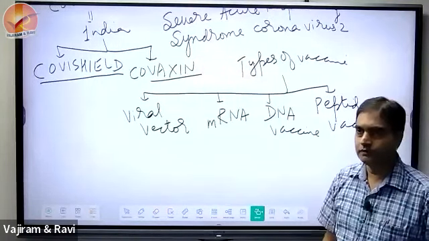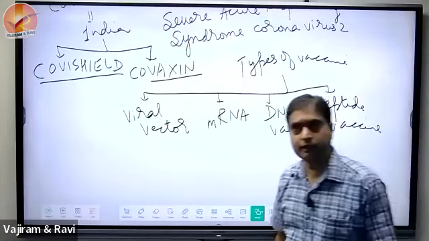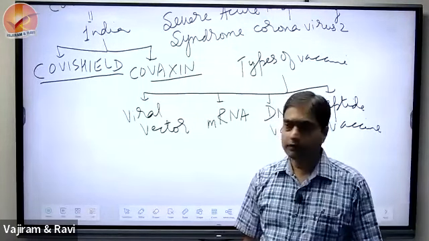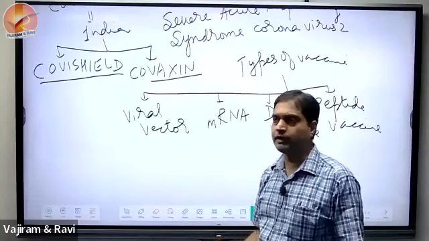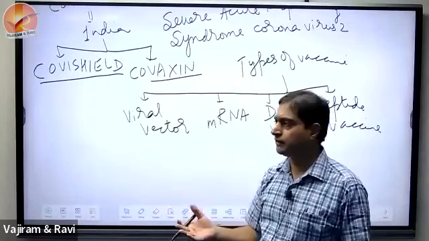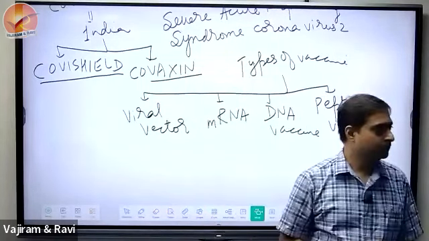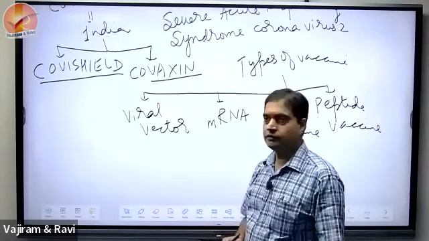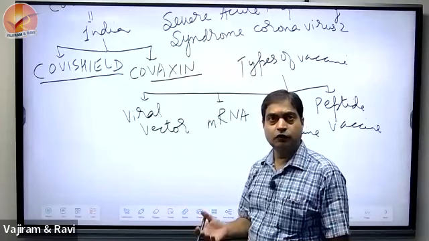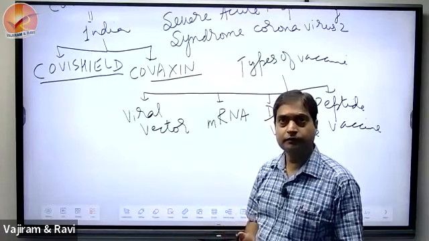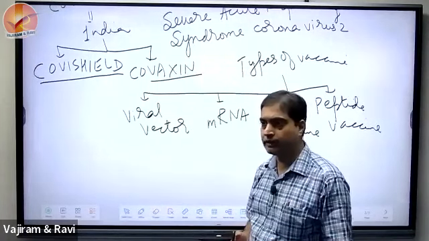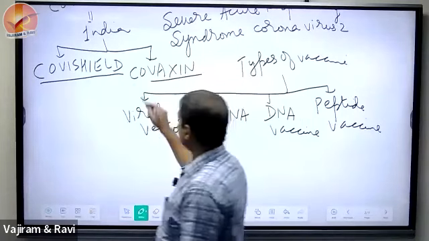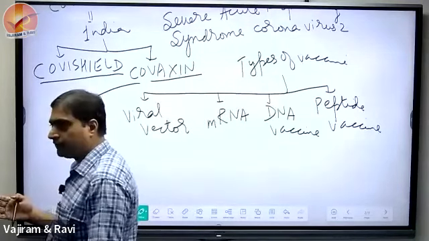So one statement in the prelims exam could be: which Indian manufacturer, what is the name of the vaccine and name of the manufacturer who introduced the vaccine. So for example, Covaxin. Covaxin was introduced by which manufacturer in India? Bharat Biotech. So the manufacturer is Indian, indigenous.